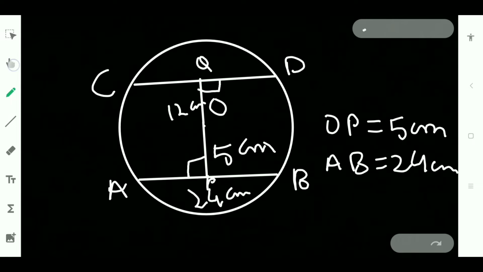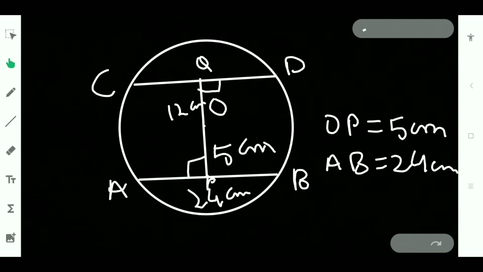What does it mean? When a perpendicular is drawn from the center, this perpendicular will bisect the chord to which it is drawn. Now here OP is perpendicular to AB, so it will definitely bisect AB.